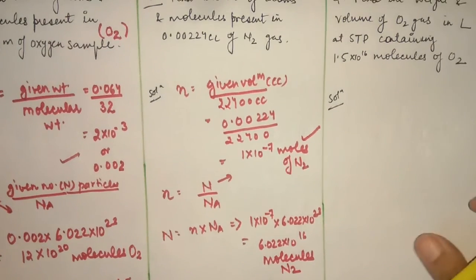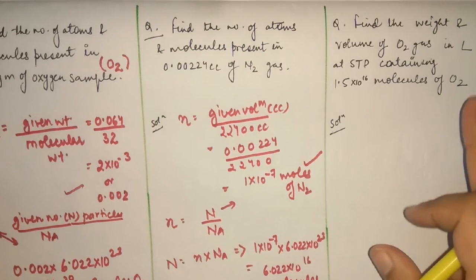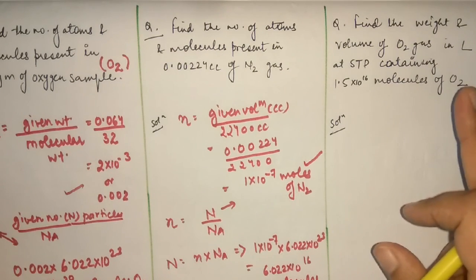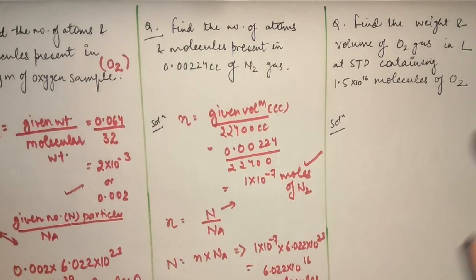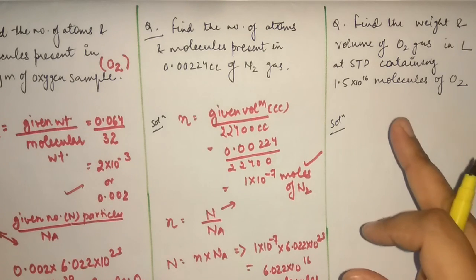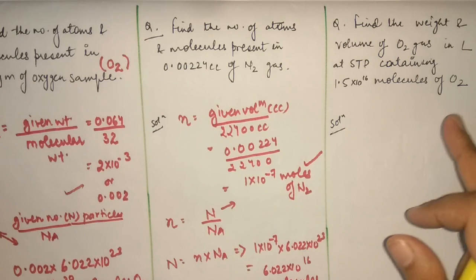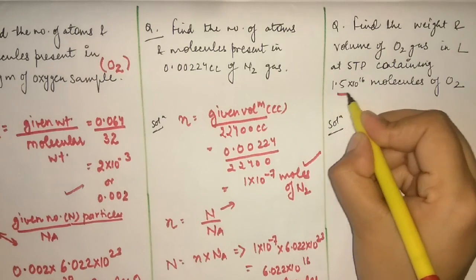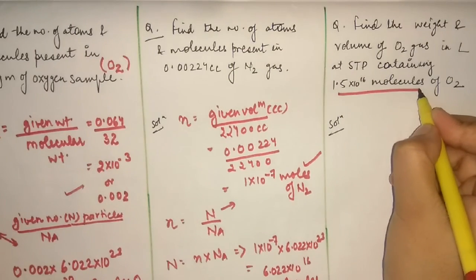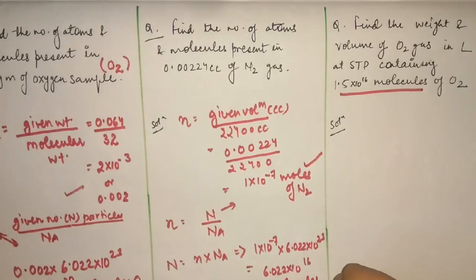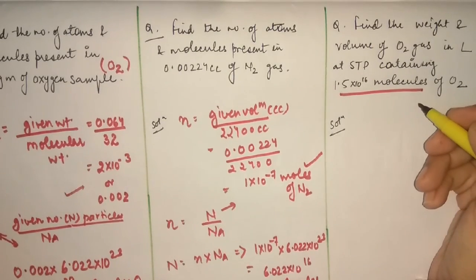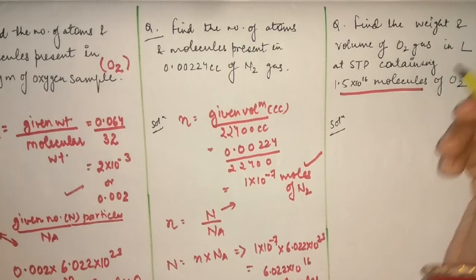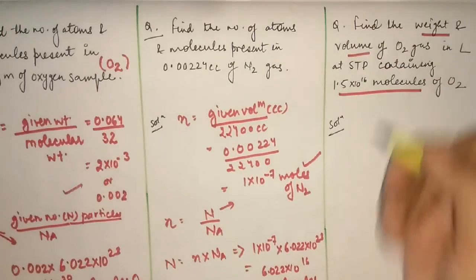Now this question is for your homework. Find the weight and volume of O2 gas in liters at STP containing 1.5 into 10 to 16 molecules of oxygen. Now the question is the other way around. This is a flip question. Here we were calculating the number of molecules, but now I have given the number of molecules. You have to find weight and volume.